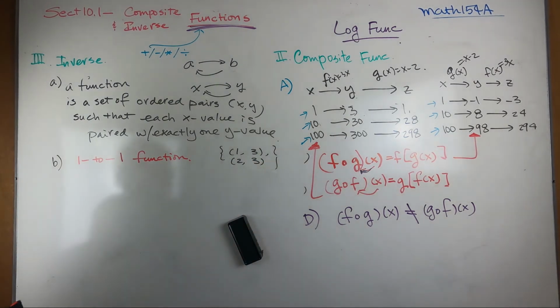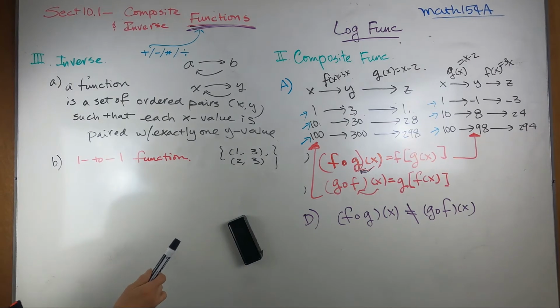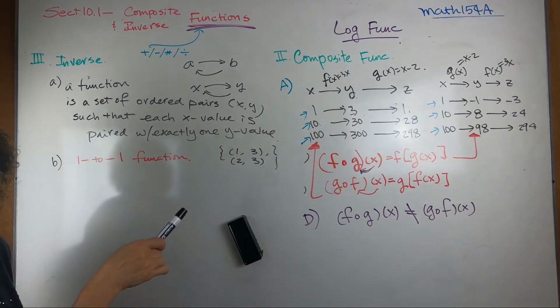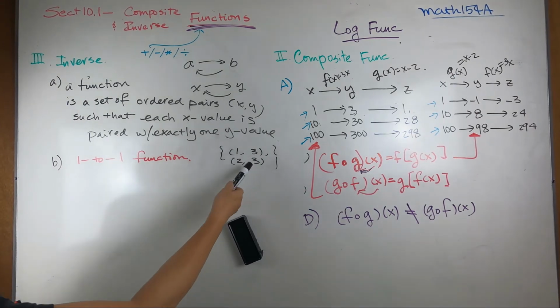Is this a function? For each x, you only have one y value. I can sell all at the same price, not a problem. So it is a function. However, do you think it's a one-to-one function? Not really. You can tell it's not one-to-one. It's 2-to-1.